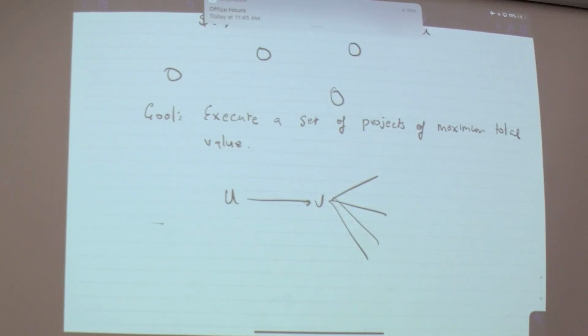So your first goal should be for any subset I pick, not even the best one, any subset, even one vertex, how do I capture its value? And how do I incorporate the idea of a constraint? Intuitively, what you want to do is say something like, if I don't pick all the dependencies, its value should be very small, like minus infinity or something really terrible, so you'll never pick it.